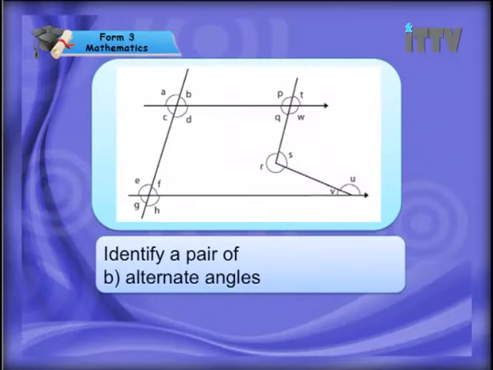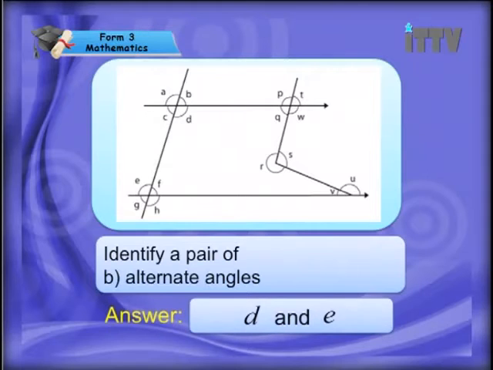Next issue is to identify a pair of alternate angles. Now, when you talk about alternate angles, if you look very closely, angle D and angle E are alternate angles, so that would be your answer.